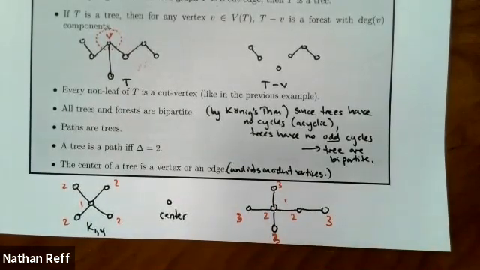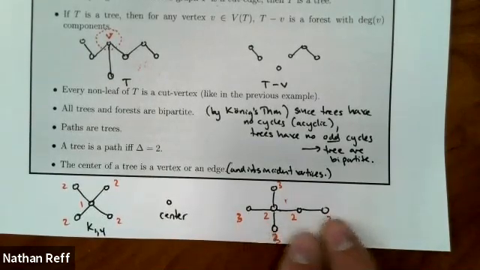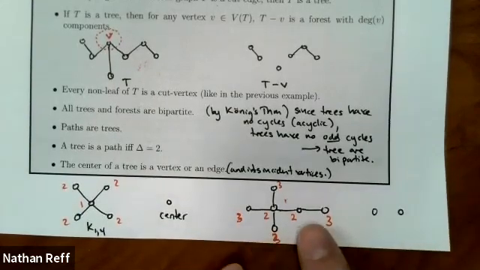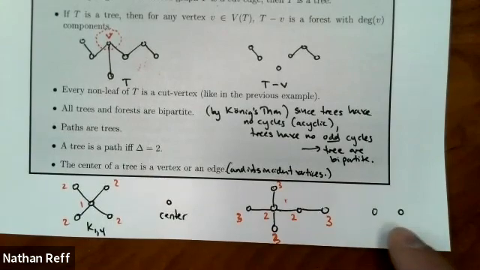Okay. Now the center, all you do is take every vertex with minimum eccentricity, you put these down, and then you look at the subgraph that's generated from those. So what did we call that? A spanning subgraph has to contain all the vertices, right?